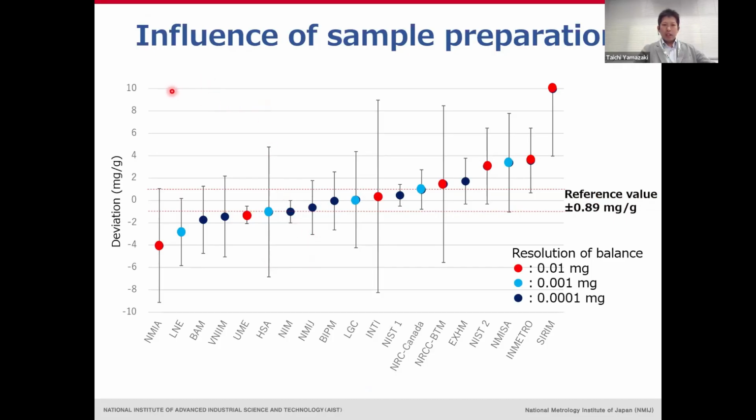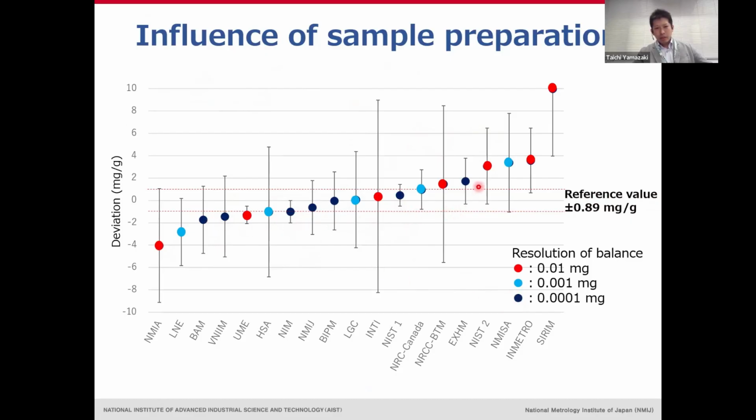But we discussed the influence of sample preparation. In the following, we classified the results by the resolution of the balance used for sample preparation. Overall, participants using a high resolution balance show stable results. High resolution is shown in dark blue.